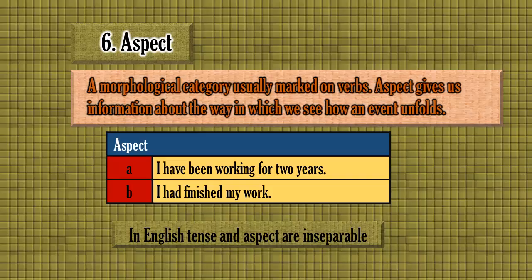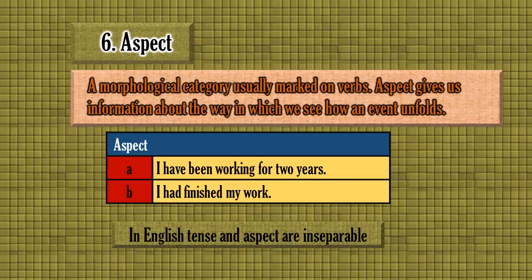I have been working for 2 years. In this sentence, the action starts in the past and continues in the present and has an intention to enter into the future because the action has not been stopped yet.